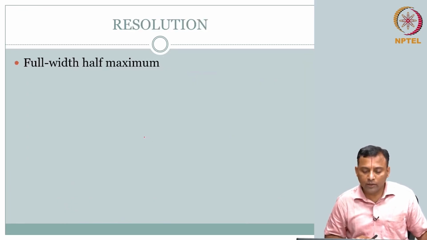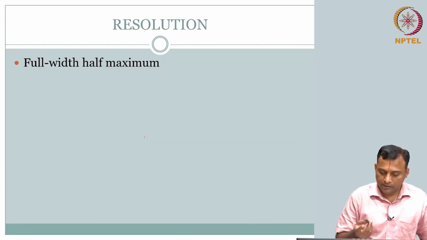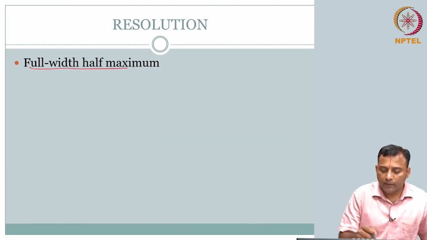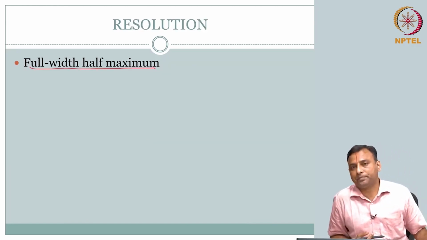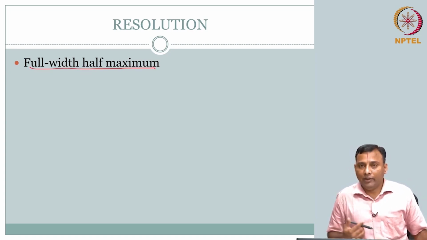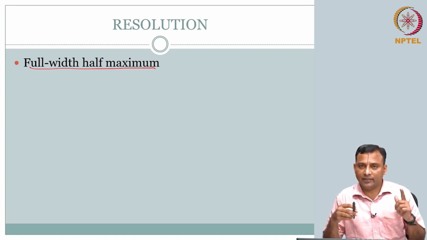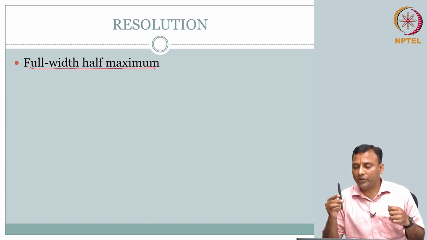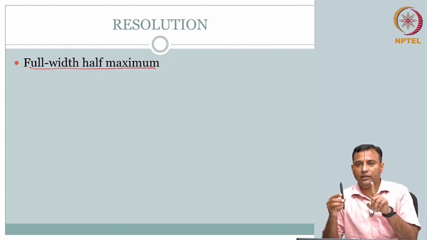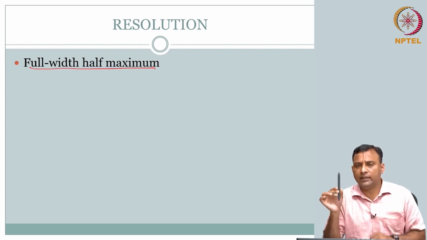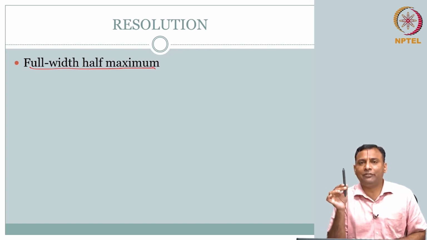In order to do that, we may introduce this idea of full width at half maximum. Why is this important? I say this is just for convenience. I have an object, an ideal object, that is at only one location, infinitesimally thin.